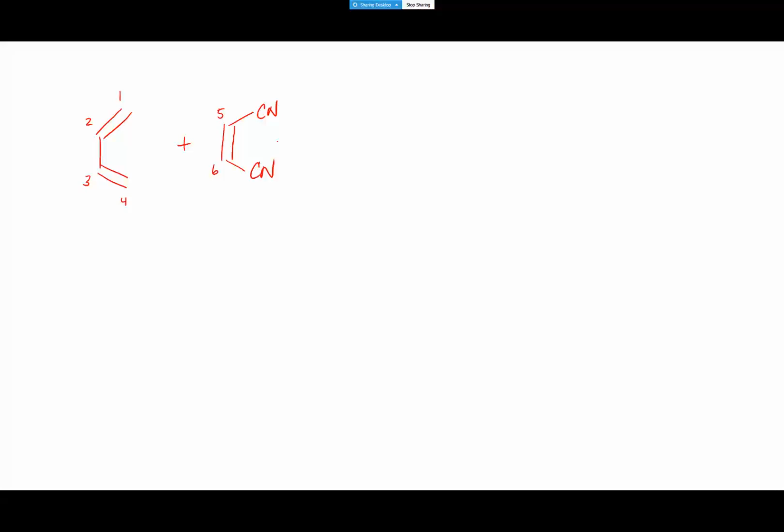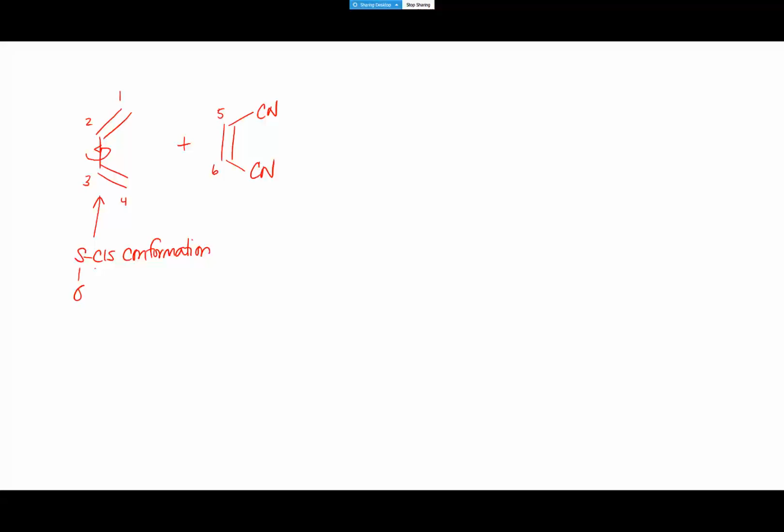Now, rule number 1 is that this diene must be in the s-cis conformation. What does that mean? Here's my sigma bond, and the s stands for sigma. So I have to orient the diene so it's in this U shape.